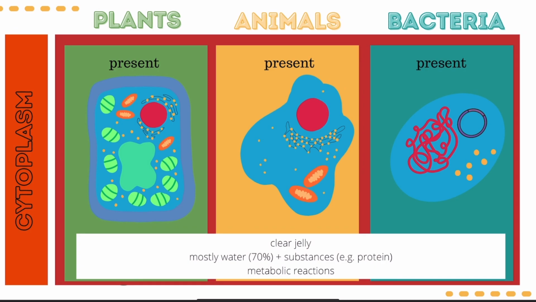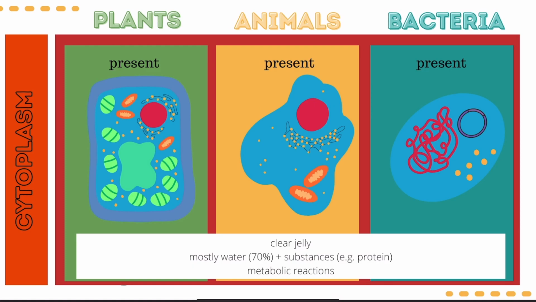Next up is cytoplasm. In all of the organisms, it is present. It is the blue area where everything is found or suspended. It has a jelly-like consistency. So if you've seen a pudding with floating things in it, that's kind of how scientists theorize how it will look like.